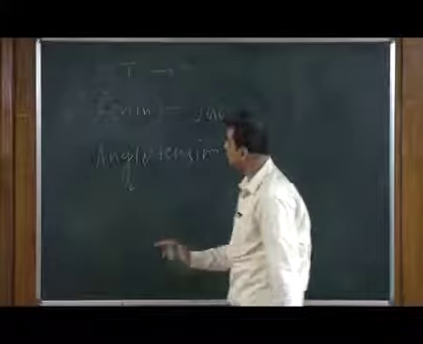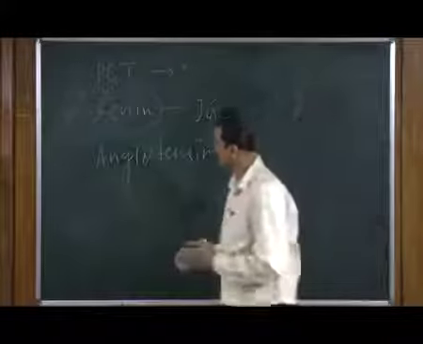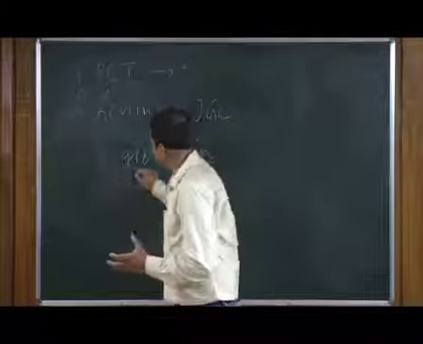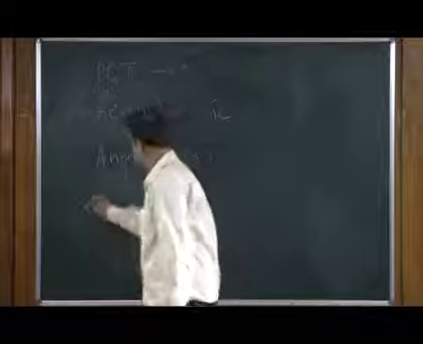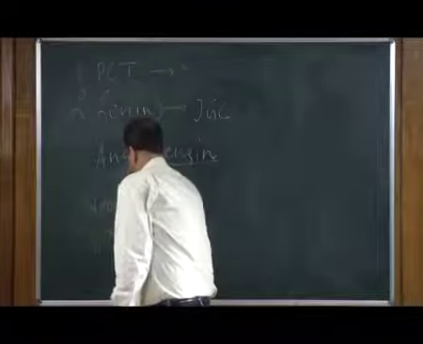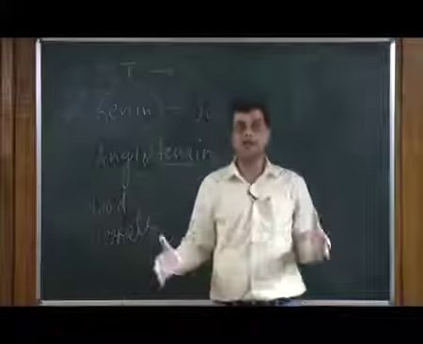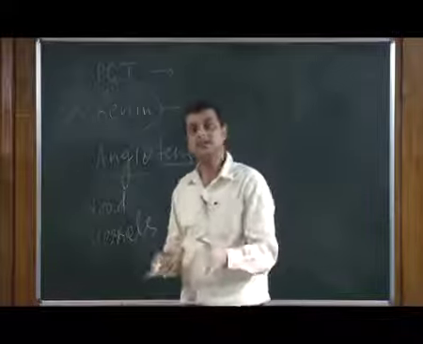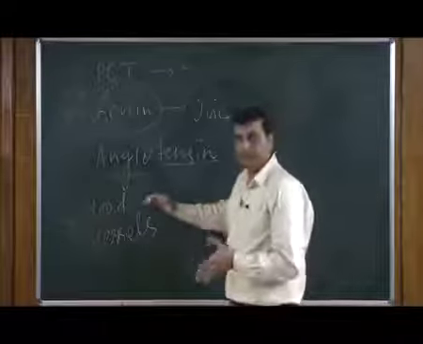Now this angiotensin, as the name itself indicates, tensin means tension, angio means blood vessel. If you say formation of blood vessels, we call it angiogenesis. Angiogenesis is nothing but the formation of blood vessels.